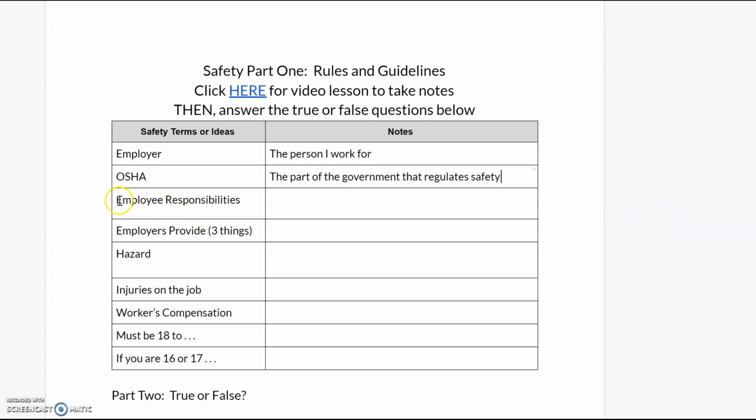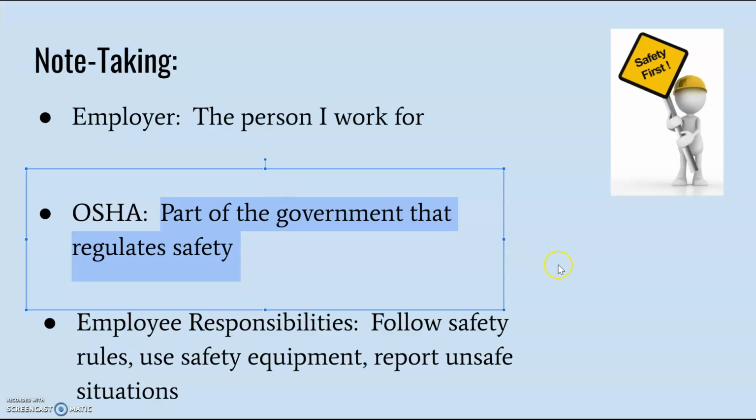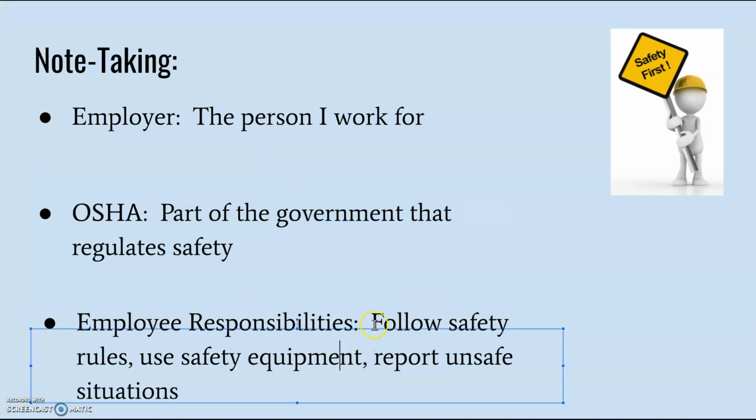Now we get to probably the most important thing in this lesson, employee responsibilities. That's you. What are you responsible for when it comes to safety? Here's what you need to do. Follow all safety rules, use safety equipment, and report unsafe situations.